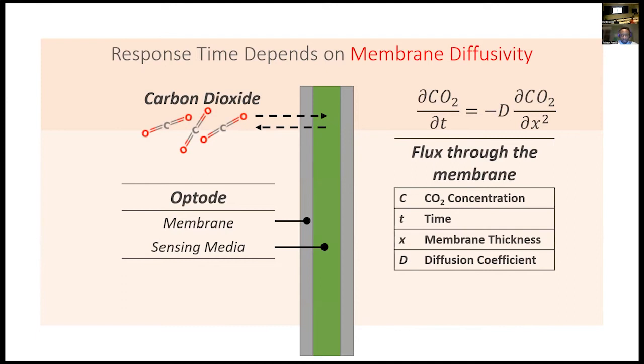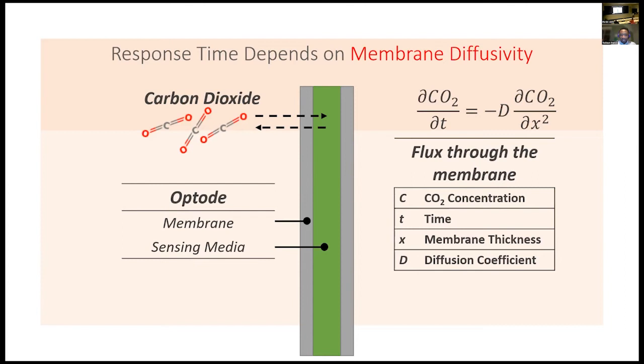So we focused in on the membrane diffusivity, and this can be described by Fick's second law of diffusion. So the flux through the membrane is proportional to the diffusion coefficient of the membrane, and then the second derivative of the CO2 gradient divided by the second derivative of the distance, or the thickness of the membrane.